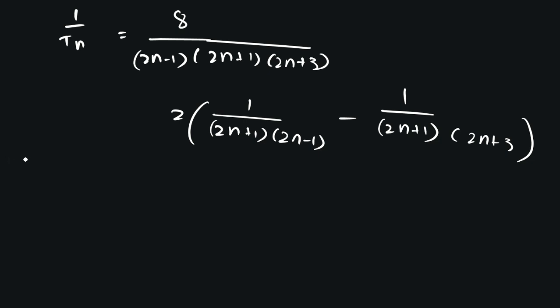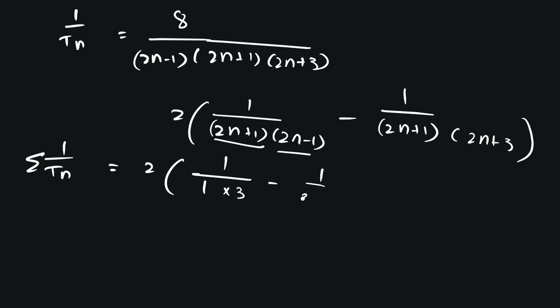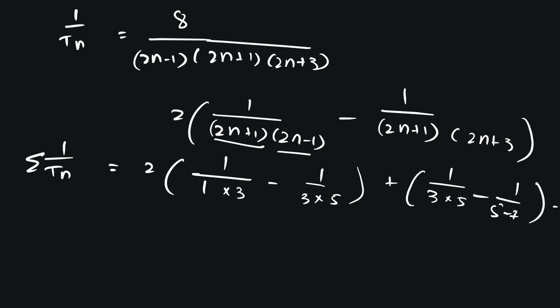Now summation 1 by tn is equal to 2 of 1 by, put the values of n, we get 1 into 3 minus 1 by 3 into 5 plus 1 by 3 into 5 minus 1 by 5 into 7, and so on. Now here we can cancel these two terms.